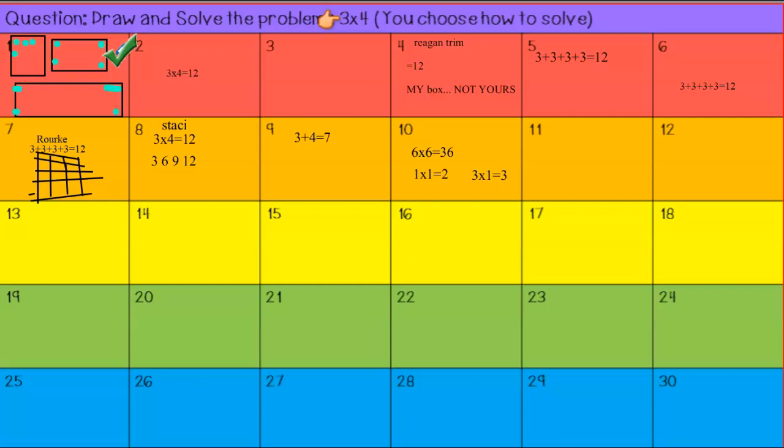I didn't do 3 times 4. I didn't know we had to do that. Okay, that's fine. Now, 6 times 6, you represented that as being 36. What was your way that you worked these out? Did you skip count or use repeated addition? I used skip counting. Very good. There's your contributor badge.